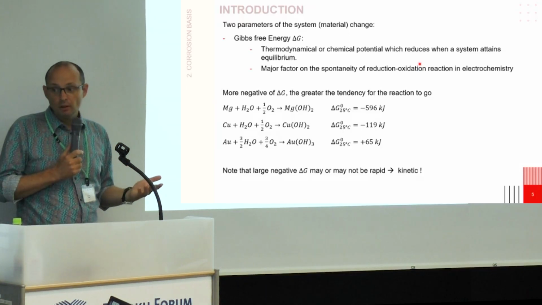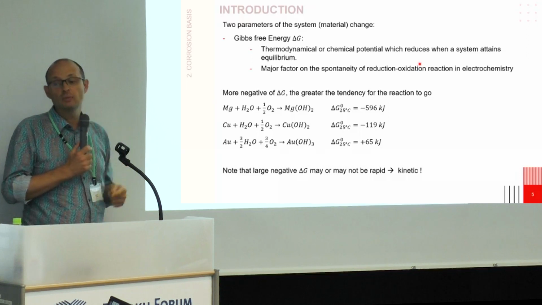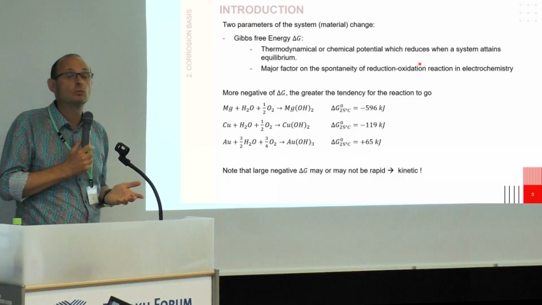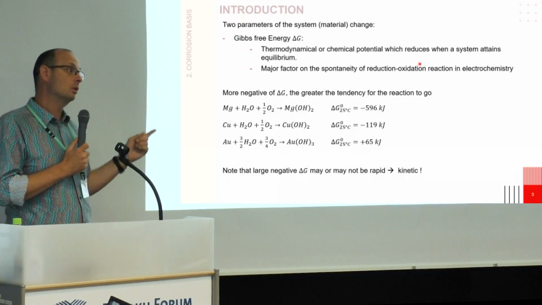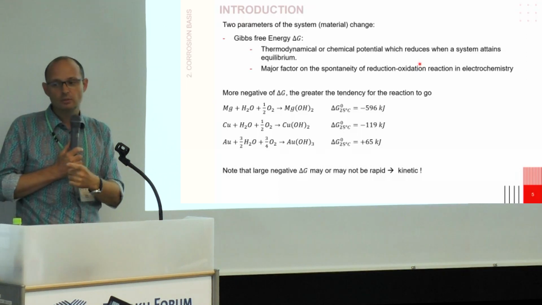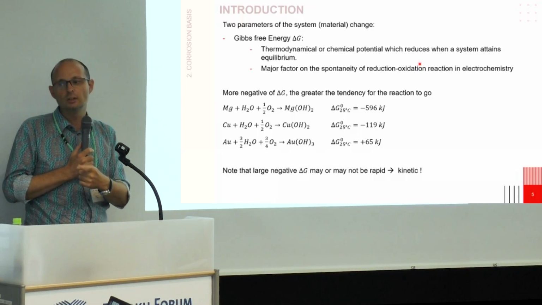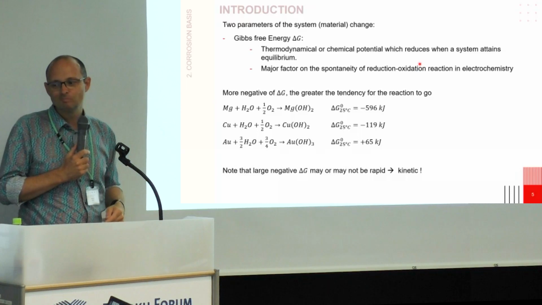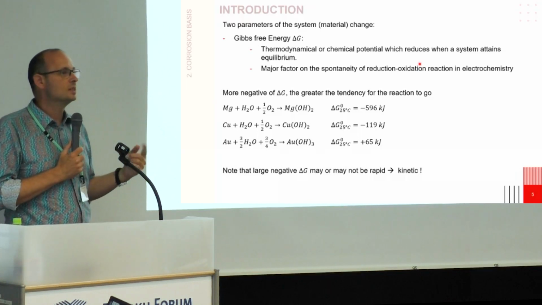If you look at copper, the Gibbs free energy is only minus 200 kilojoules. If you look at gold, we can also have a reaction of oxidation. In this case, it's plus 65 kilojoules.